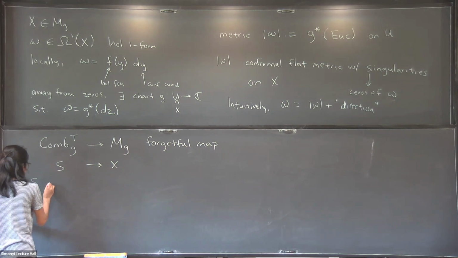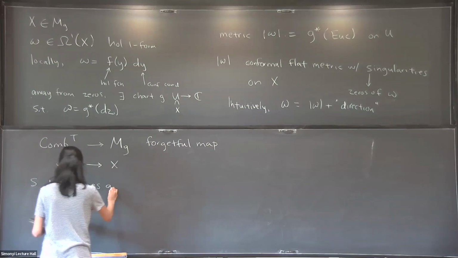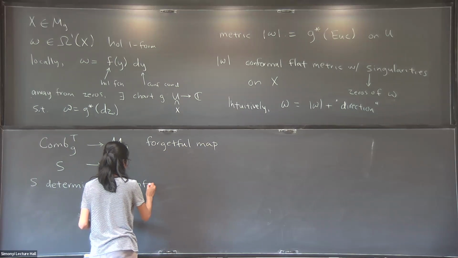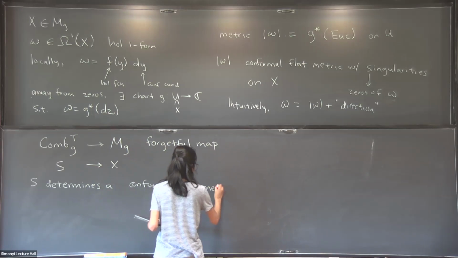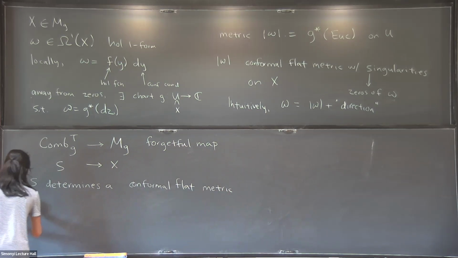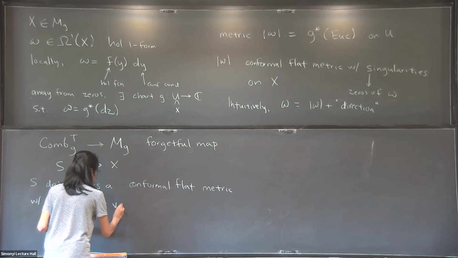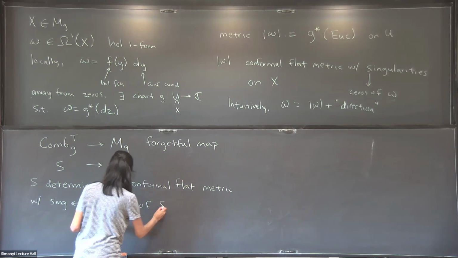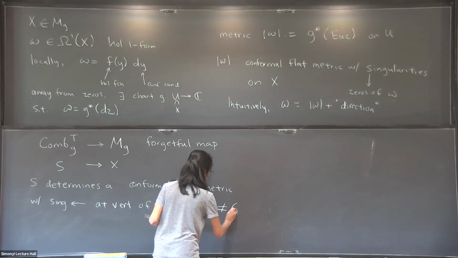Then S determines a conformal flat metric with singularities, just because you consider the Euclidean metric on each triangle, and the singularities will be at vertices of S with degree not equal to 6.